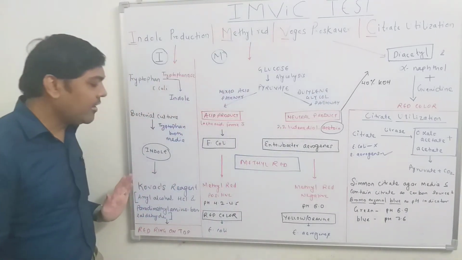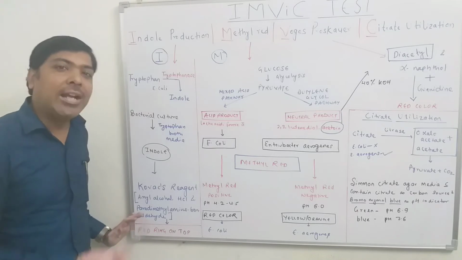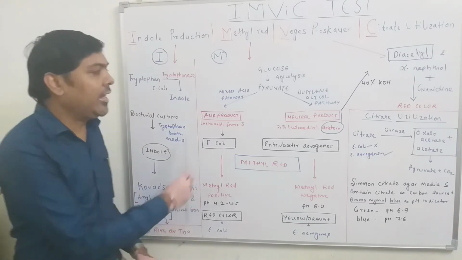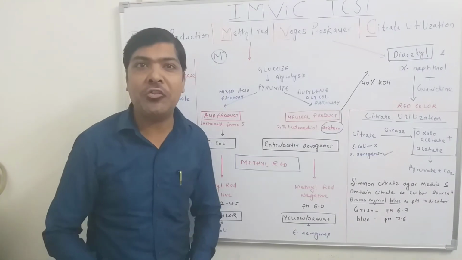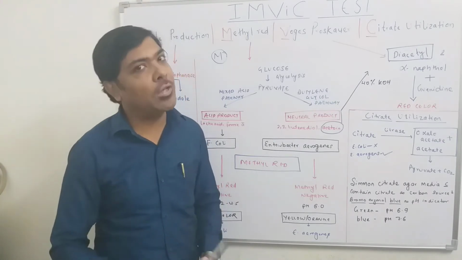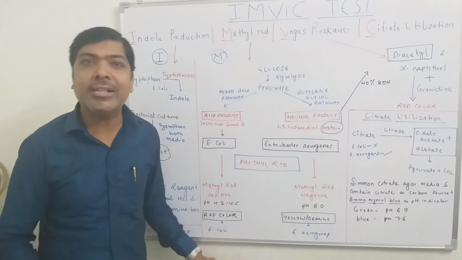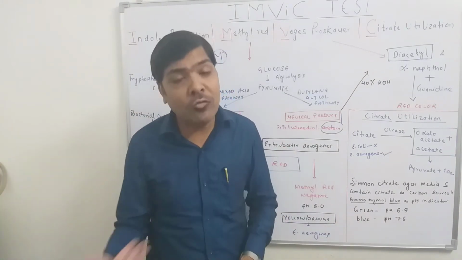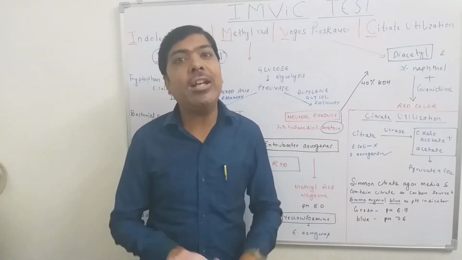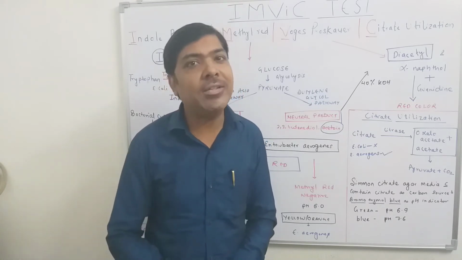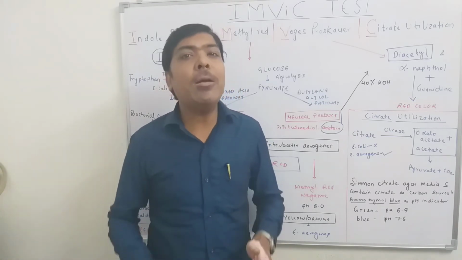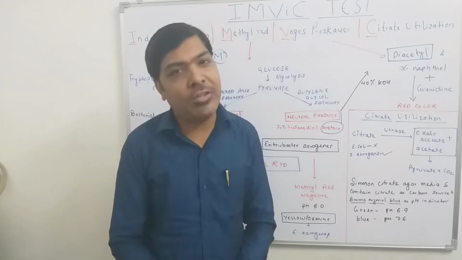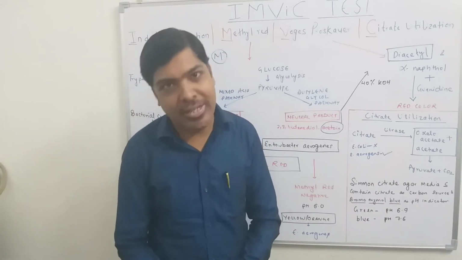Here we are getting the red color ring that confirms the presence of E. coli. Here we are getting the red color because of the addition of methyl red. Here we are also concluding that E. coli is available in our sample. But if the red color is not observed, we have to confirm whether Enterobacter aerogenes is available or not. That can be identified by another test called the Voges-Proskauer test.